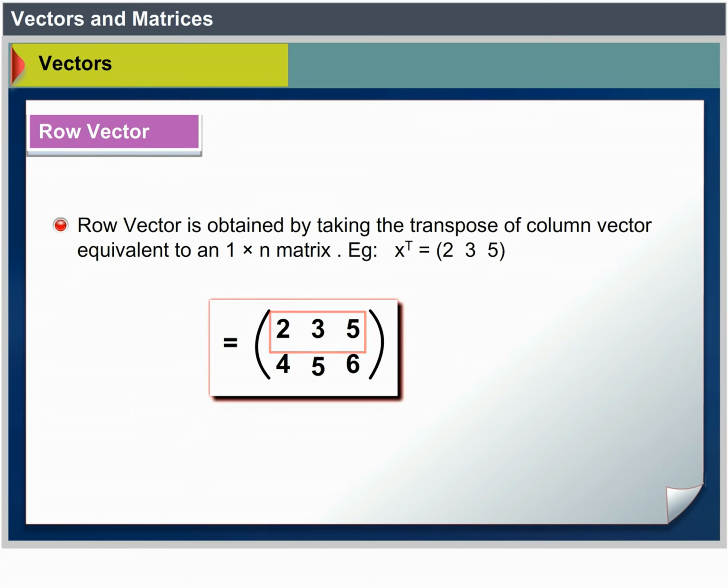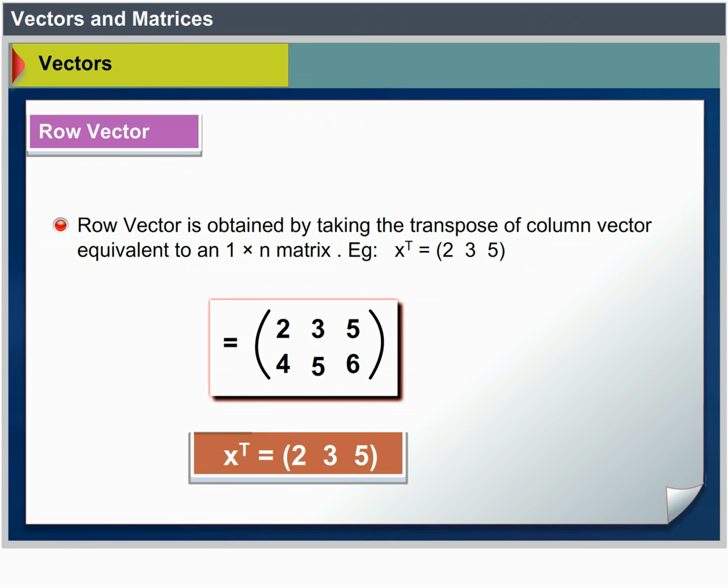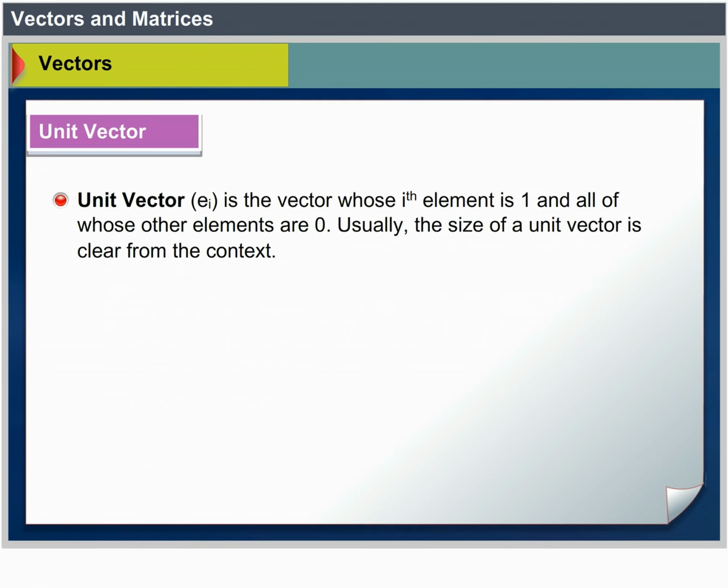Example: x transpose = (2, 3, 5) in row order. Unit vector e_i is the vector whose ith element is 1 and all of whose other elements are 0. Usually, the size of a unit vector is clear from the context.